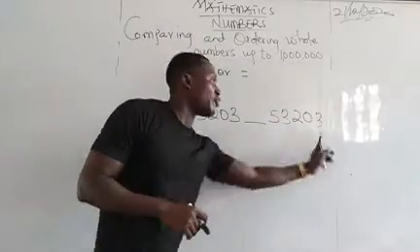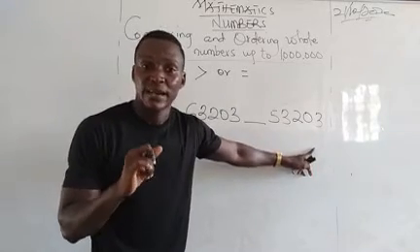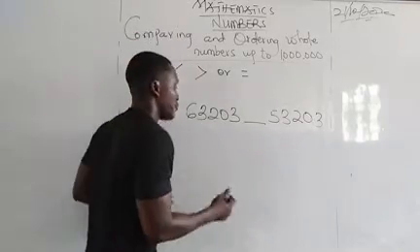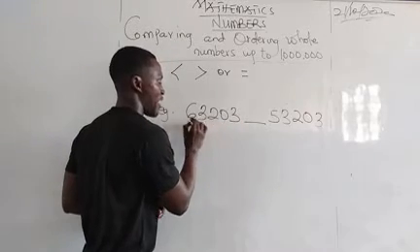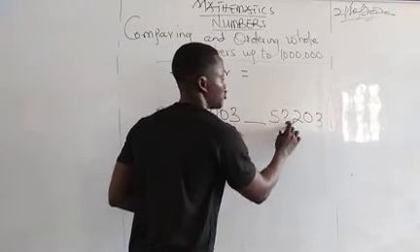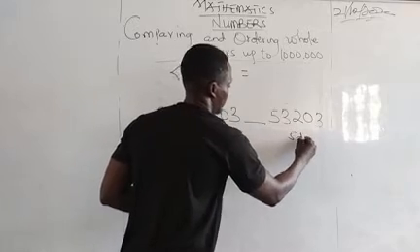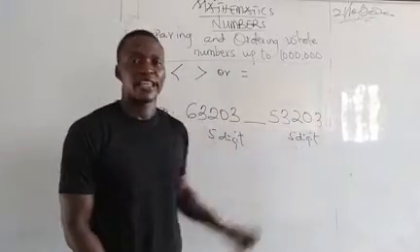When you count, this one has 1, 2, 3, 4, 5 digits, and this one is also having 1, 2, 3, 4, 5 digits. Now they are all having 5 digits.